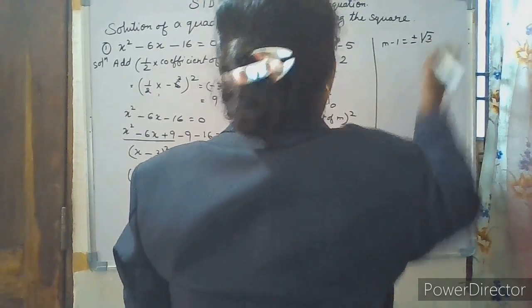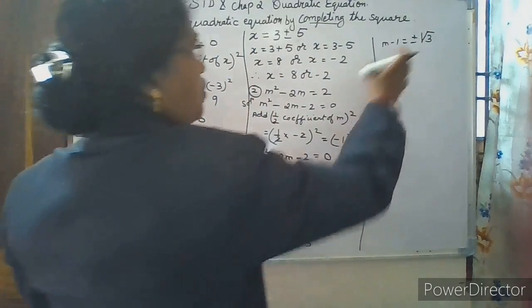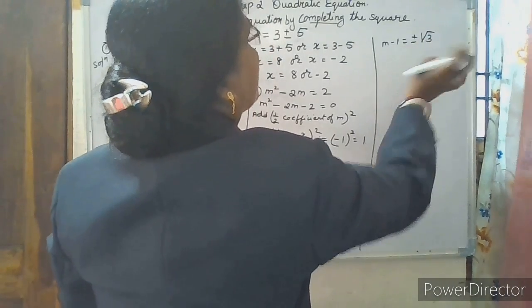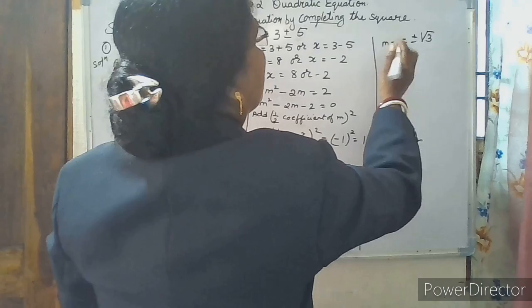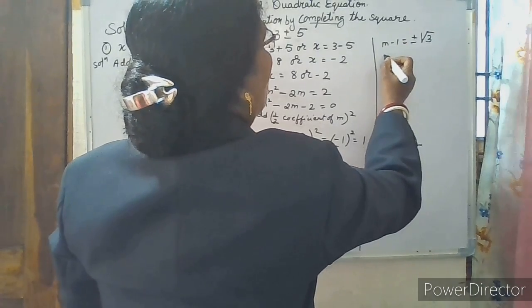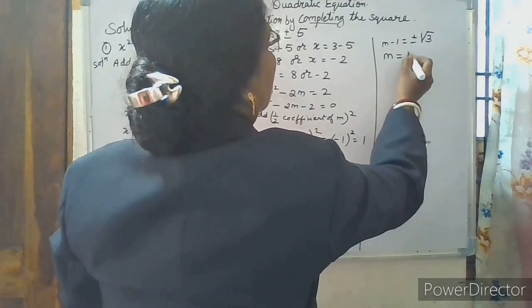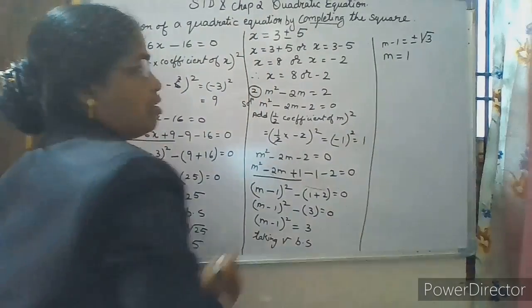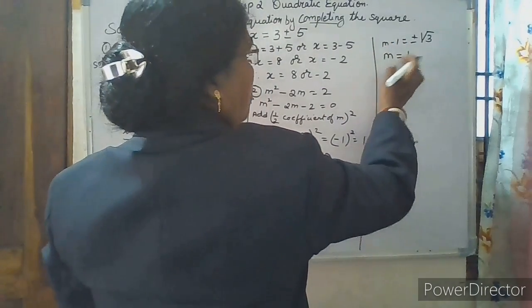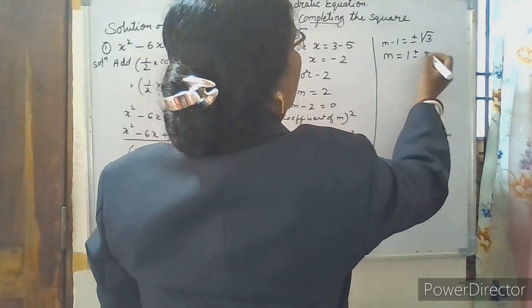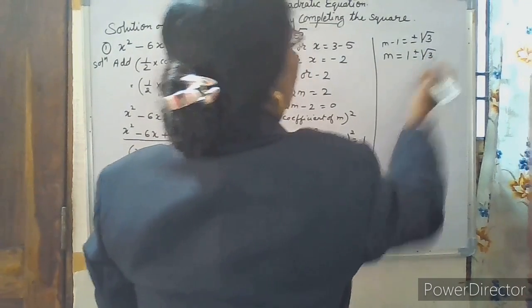root of 3. Now root of 3 is an irrational number. We cannot find the root of 3, so let it be as it is. So now m is equal to 1, and the minus 1 here, when it goes to that side, is plus 1, plus or minus root of 3.